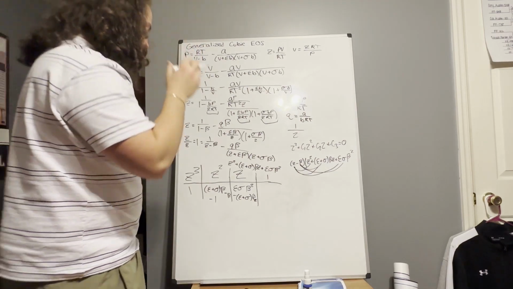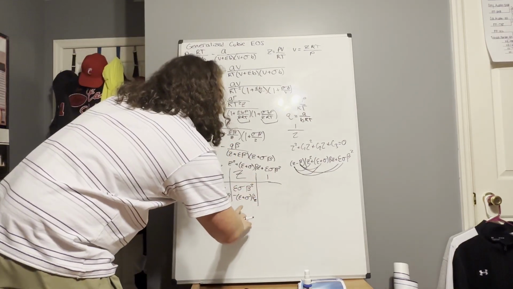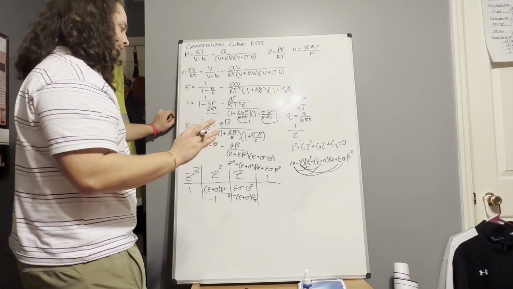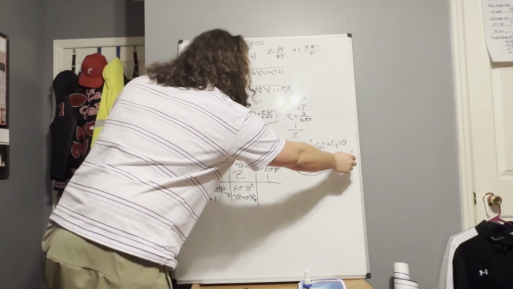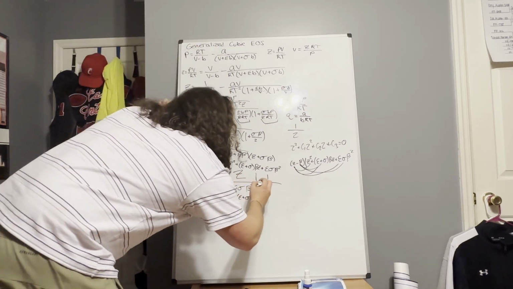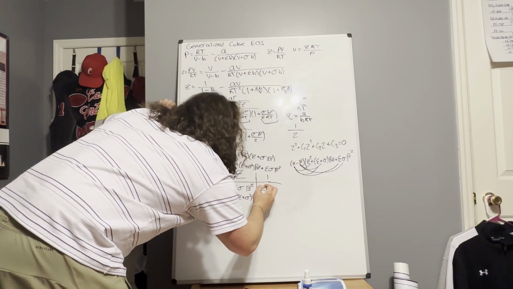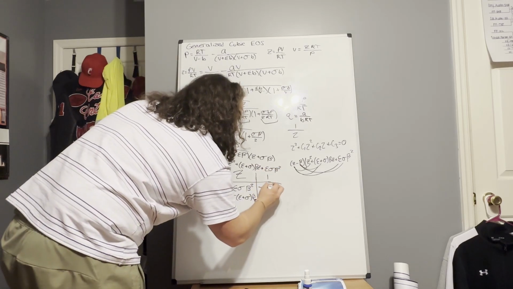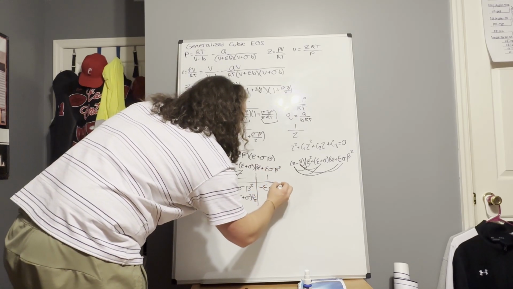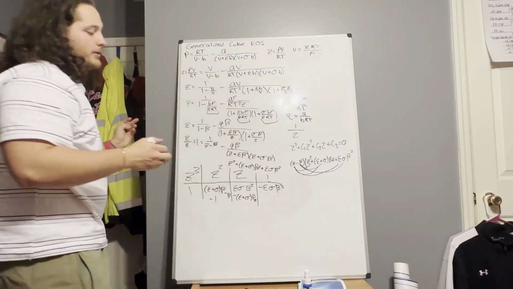And then next we need to continue distributing this throughout. So then we are given negative epsilon sigma, and then this one would be beta cubed.